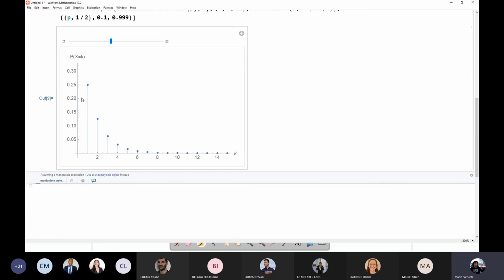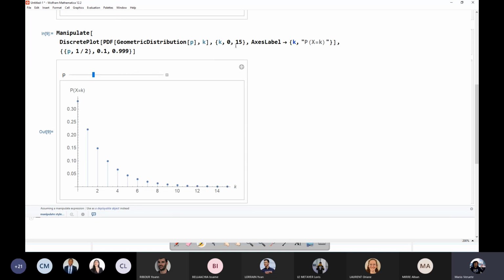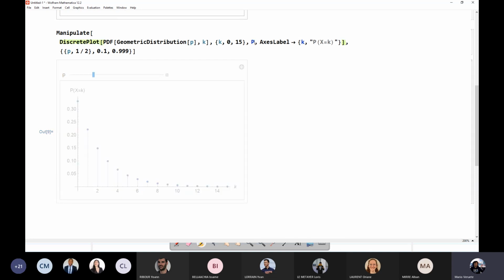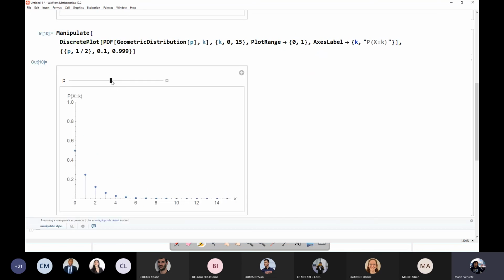So it's related actually to a sort of exponential function here, and depending on the value of p, maybe I can fix the plot range from 0 to 1. If p increases, then the speed of the function is bigger, and if p is lower, then the speed of the function is smaller.